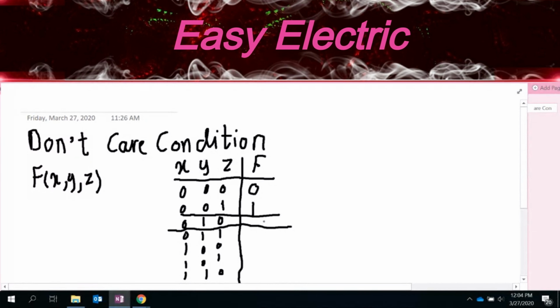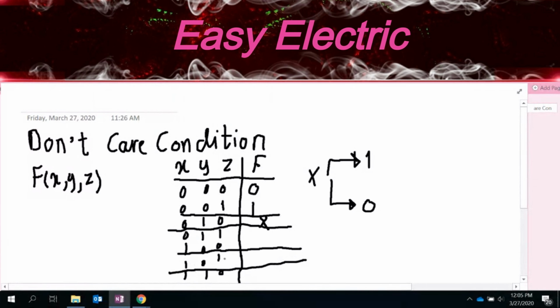Whenever you want to represent this kind of situation, which you don't care about, you put an x here. What x means is that it doesn't matter based on your application. It could be 0 or 1, you are fine with both of them. So it depends on the design that you have.